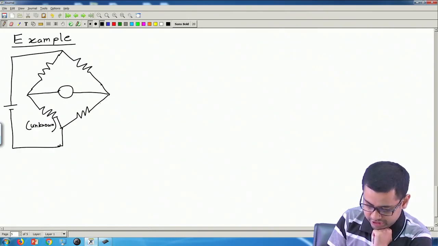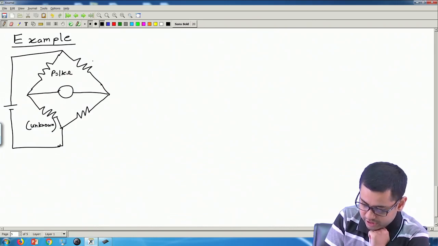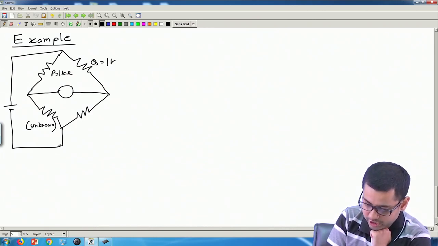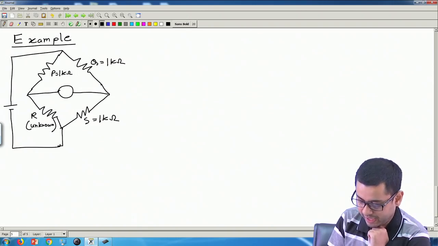So, for ease of calculation, let us take a simple example where P is equal to 1 kilo ohm, Q is again 1 kilo ohm, R is unknown, and S is once again 1 kilo ohm, where we get the balance.